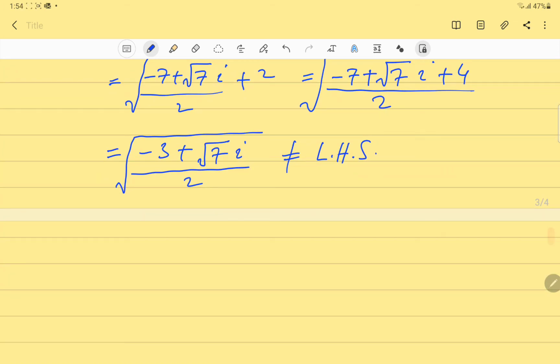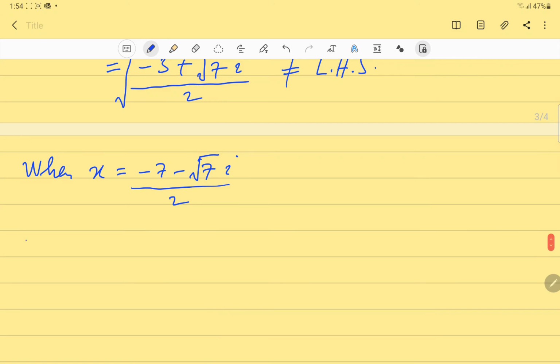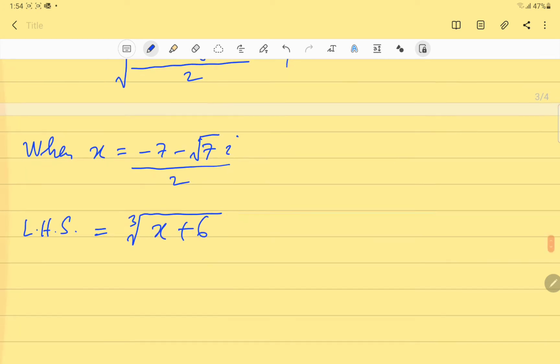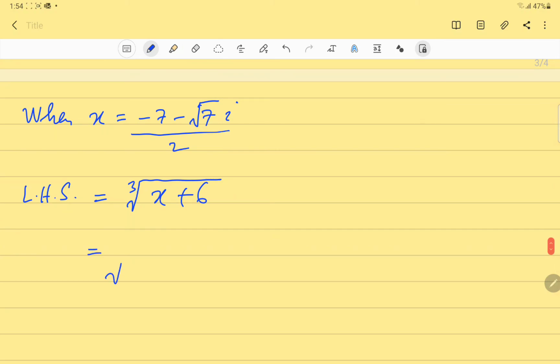Now let's check for the last one. When x is equal to minus 7 minus square root of 7 into iota over 2, our left hand side is cube root of x plus 6.